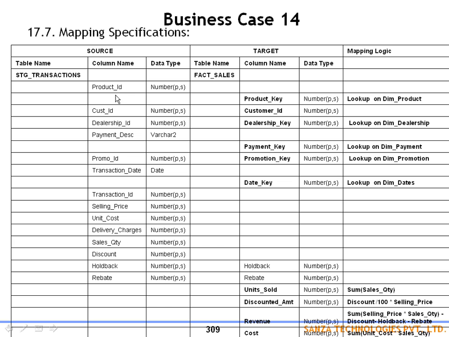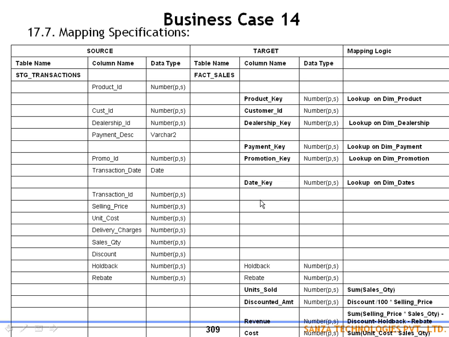This is actual data coming from my source systems, but while loading into the fact table it has to contain the keys of the corresponding product ID and dealership ID. For the corresponding payment description I need the payment key. For promotion ID, I need the promotion key. For the transaction date, I want the corresponding date key.